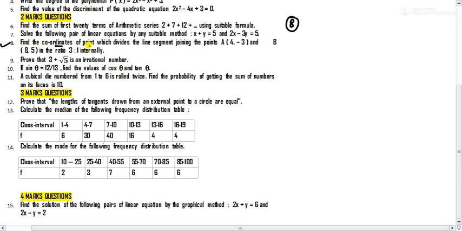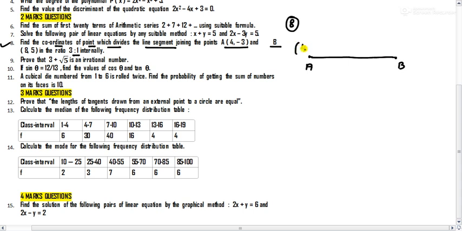Find the coordinates of point which divide the line segment joining the points A and B in the ratio 3:1 internally. So this is from coordinate geometry, right? See, they have given two points A and B. These two points, if we join, they form a line.